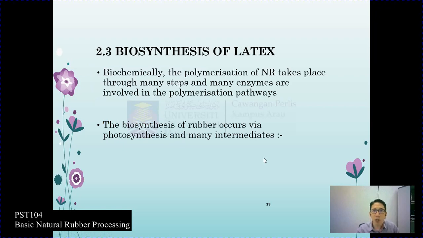Okay, biosynthesis of latex. Biochemically, the polymerization of NR latex goes through many steps, and many enzymes are involved in the polymerization pathway. The biosynthesis of rubber occurs via photosynthesis and many intermediates.